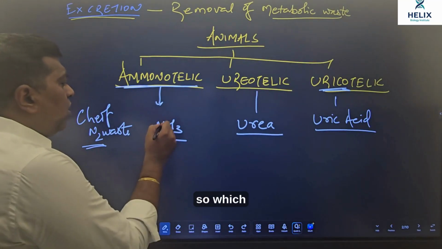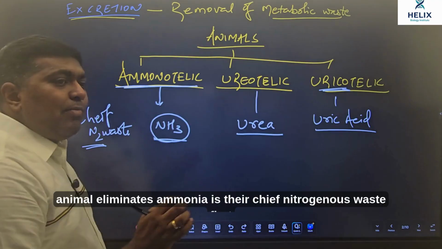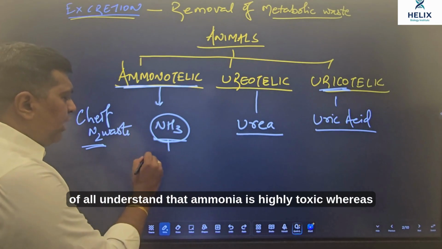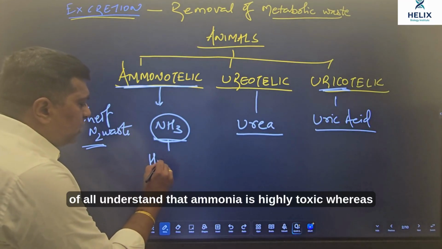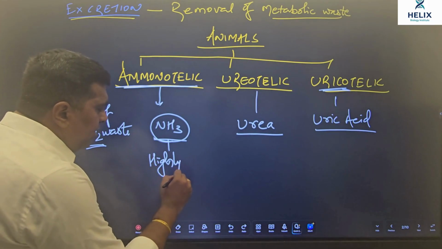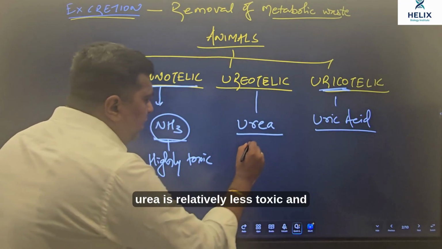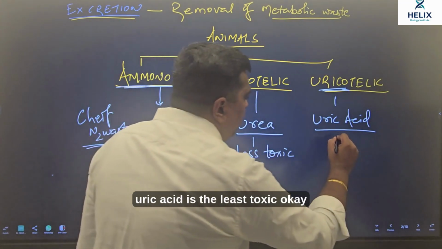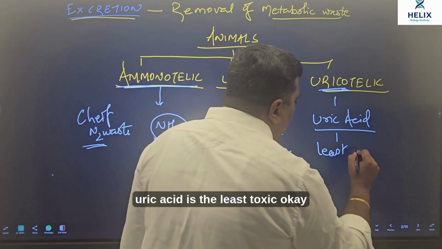Right? So which animal eliminates ammonia as their chief nitrogenous waste? First of all, understand that ammonia is highly toxic, whereas urea is relatively less toxic and uric acid is the least toxic.